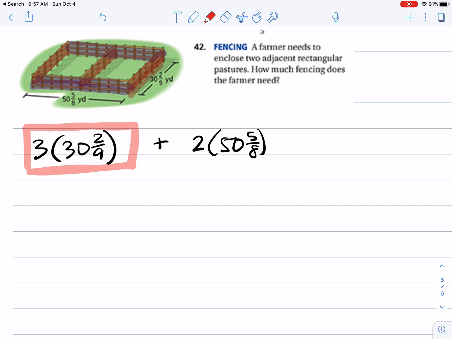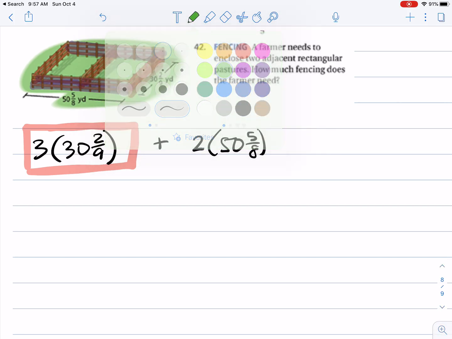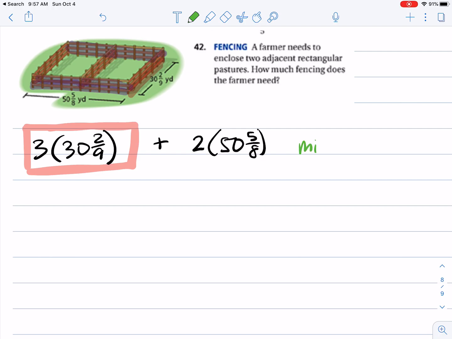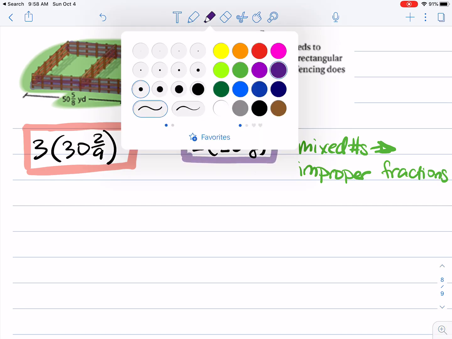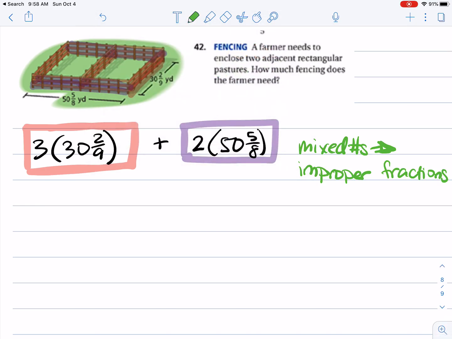All right, so the first thing that I want to do here is change any mixed numbers into improper fractions. We will do that using this circular motion that we've been doing. So we want to multiply these bottom numbers and add to the top.